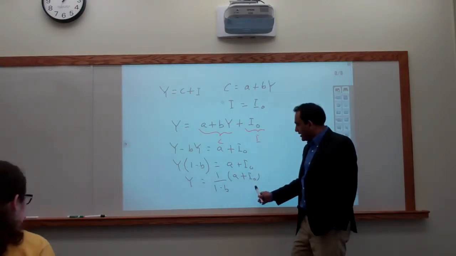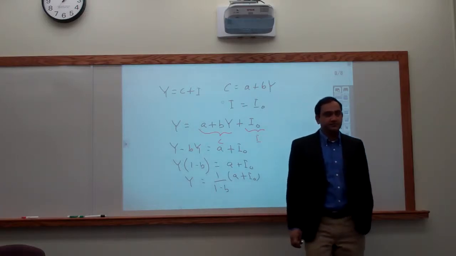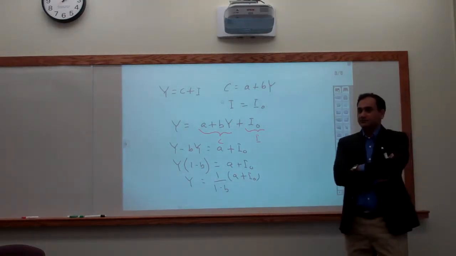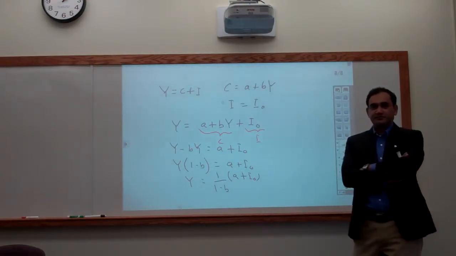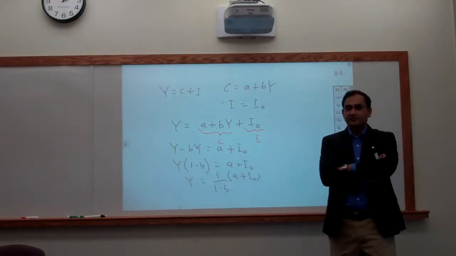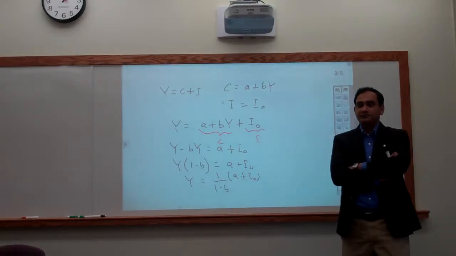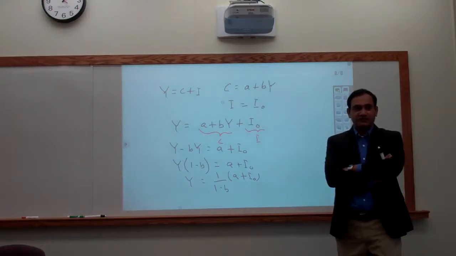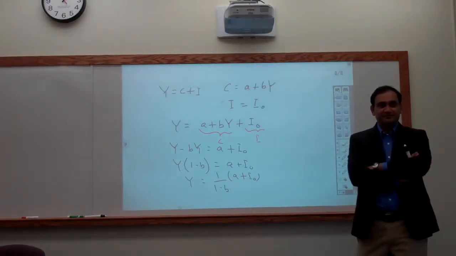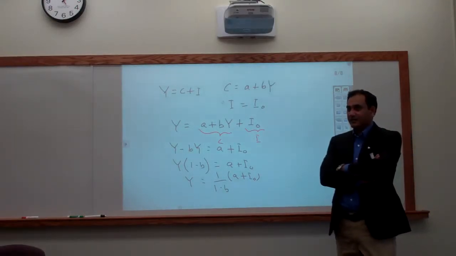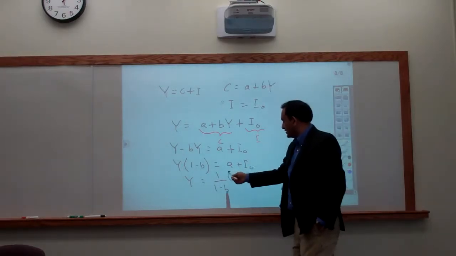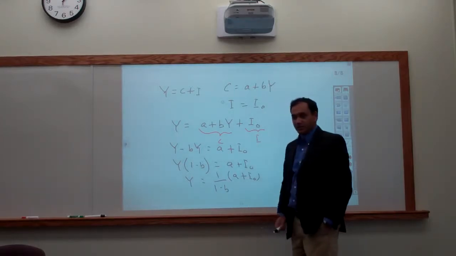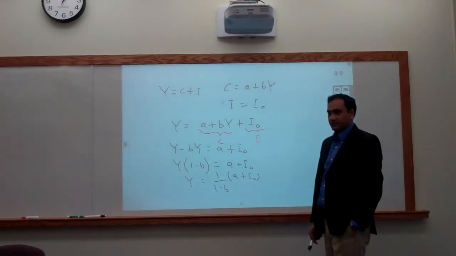By how much would Y change as a result? It's not that difficult. So 1 over 1 minus b is multiplied by A. 1 over 1 minus b is multiplied by I0 as well, right?